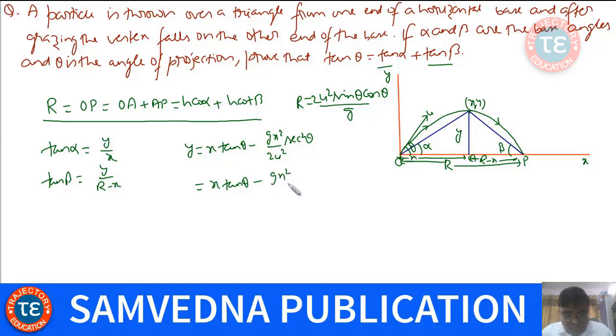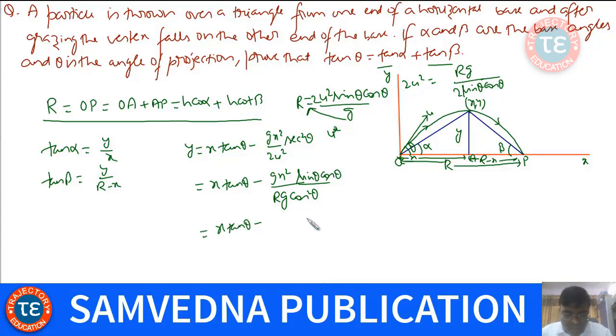If I introduce range over here, this is g x square, and in place of 2u square, what I can write is r into g, if I take g on this side, and this is cos square theta, and then you have sin theta cos theta. I have expressed 2u square as rg upon this.